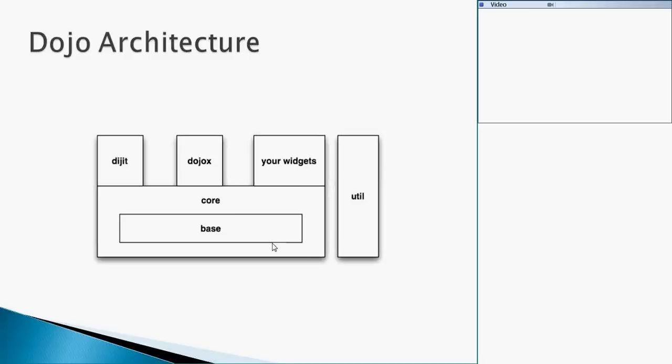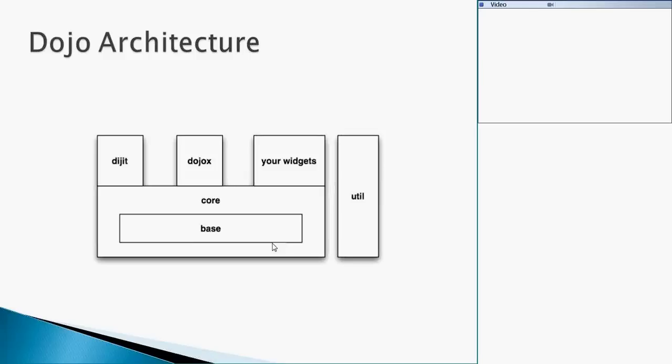But Digit and Dojo X are more like widgets, which have their own functionality that you can plug into your page. They are not directly related to the Dojo base or core code. There is also some util library with Dojo, and some of the Digit and Dojo X things use it.